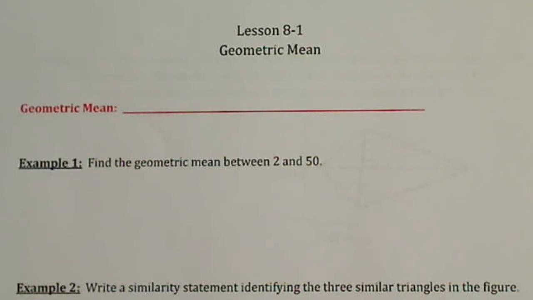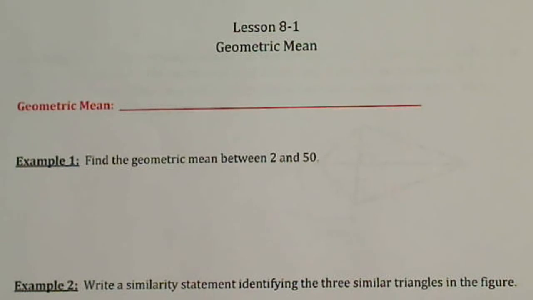Lesson 8.1. Chapter 8 is a special chapter because it combines some things that we've already talked about, like proportions and triangles, and we're going to learn some new things like trigonometry and geometric mean and vectors, which you will use next year and in pre-calculus.